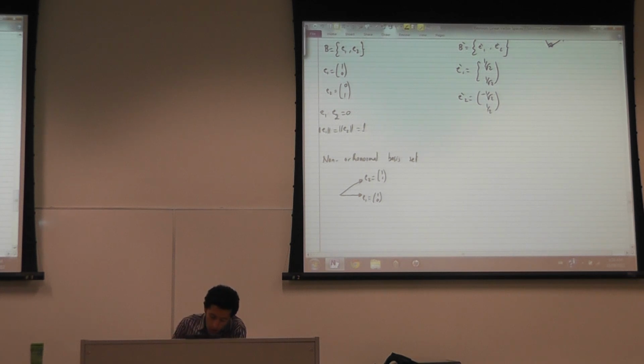And if you don't believe it, just put in any vector. Let's put up the vector here. x equal to 0, 5. So 0, 5 is equal to alpha E1 plus beta E2. 0 is equal to alpha plus beta. 5 is equal to beta. Therefore, alpha is equal to negative 5.